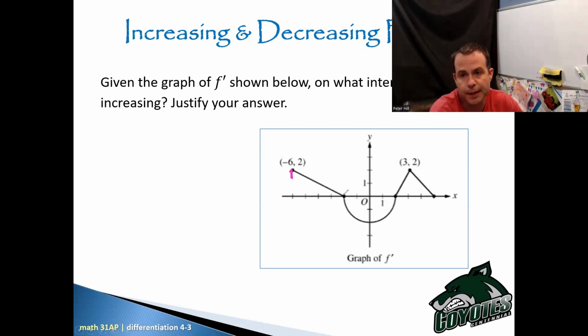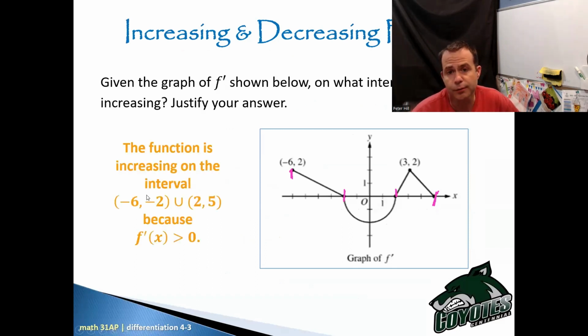So I know from -6 to 2, the derivative is positive. And then from 2 to what? 2, 3, 4, 5 will also be positive. Okay. So I'm going to say the function is increasing on the interval -6 to -2 in union with 2 to 5 because the derivative is positive.